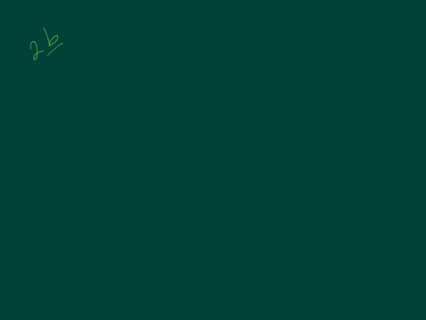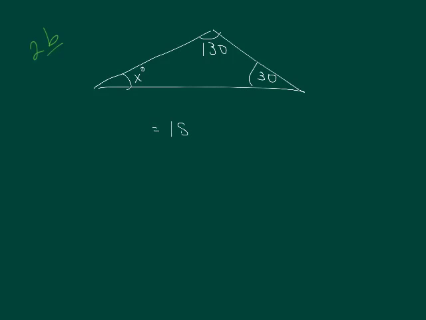So for example, number 2.1, they give us a scalene triangle. Well, actually it's an obtuse and a scalene because the sides are not the same. But we'll look at this here, and it's asking us to find out how many degrees x is. Well, if we know that the angles of a triangle add up to 180, then x degrees plus 130 degrees plus 30 degrees is going to equal 180.